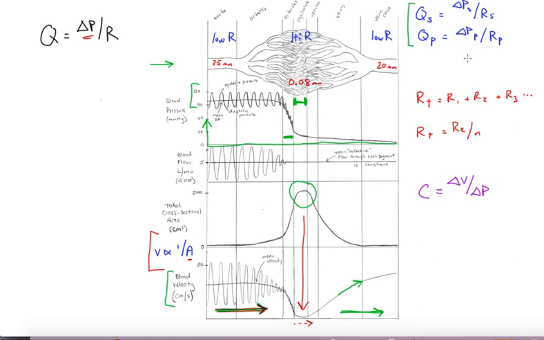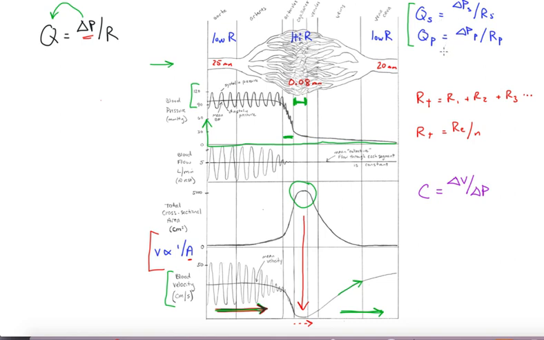Okay, well, why don't we have 10 times as much flow in the systemic circuit then, right? We were talking about how pressure is proportional to flow, right? Well, that's true in a circuit, right? So we have this very high pressure giving us our cardiac output. We have a very low pressure in the pulmonary circuit giving us the same cardiac output.